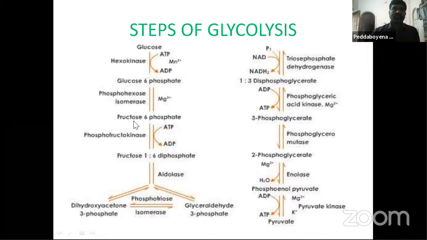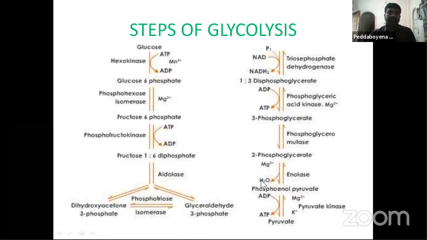So glucose 6 phosphate and fructose 6 phosphate are isomers; this is isomerization. This reaction is catalyzed by phosphohexose isomerase.